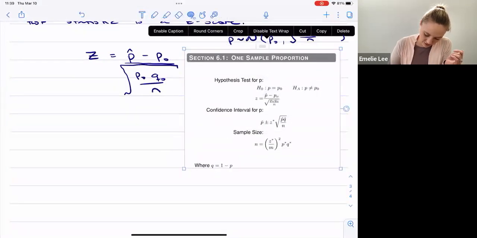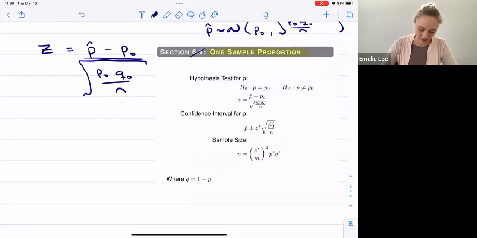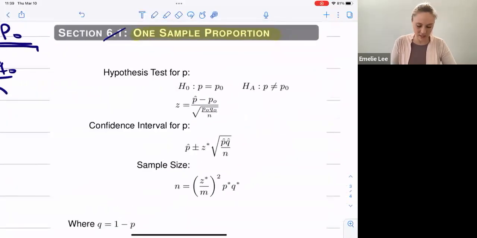If I'm doing a hypothesis test for P, the population proportion, then here's my default null and alternative hypotheses.